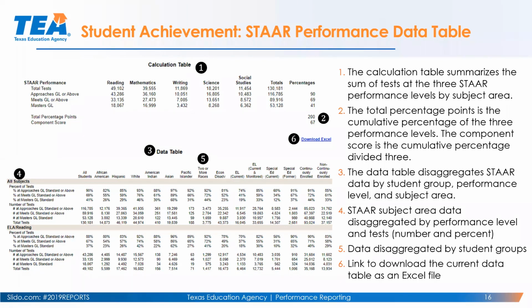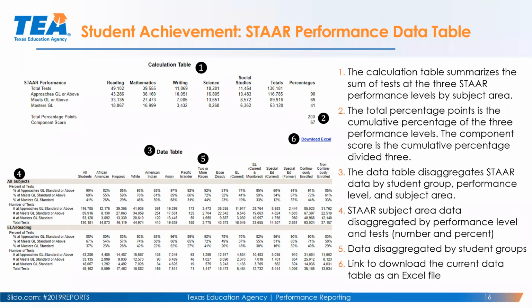So, let's look at STAAR performance total tests. This includes a total summary of all tests in the subject area of reading. 49,102 total tests administered at this particular district in reading.